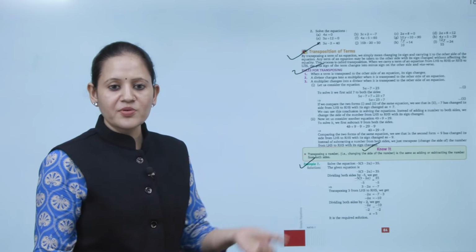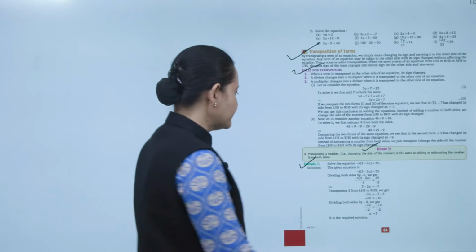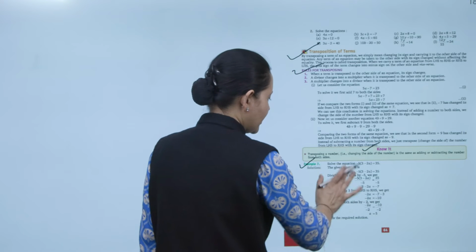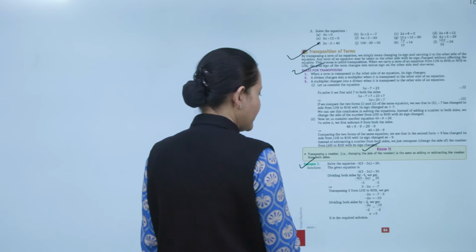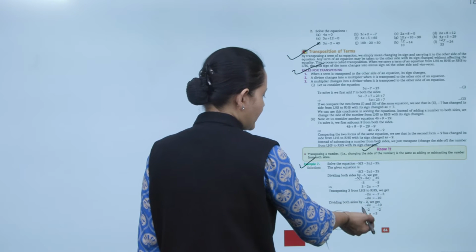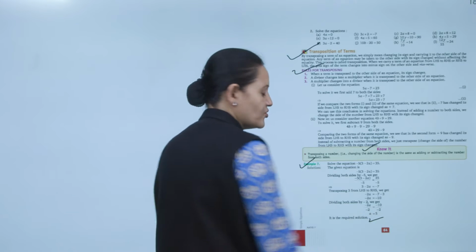Now transposing 3 from the left-hand side to the right-hand side, we get minus 2a equals minus 7 minus 3. 3 was positive, going to the other side it becomes negative, minus 2a equals minus 10. Dividing both sides by minus 2, we get a equals 5. That is the required solution. Clear?